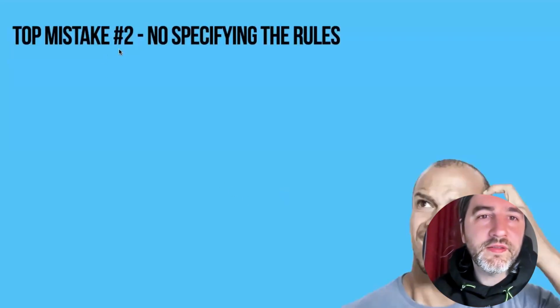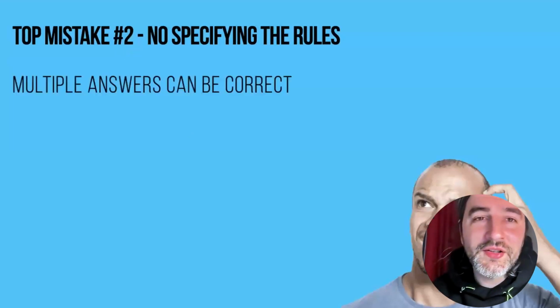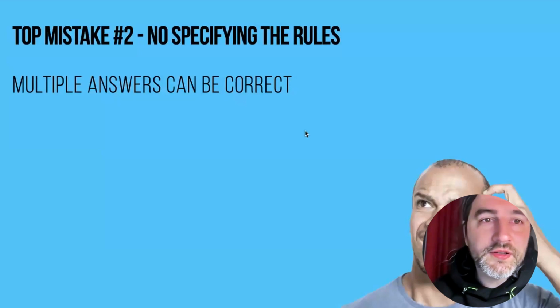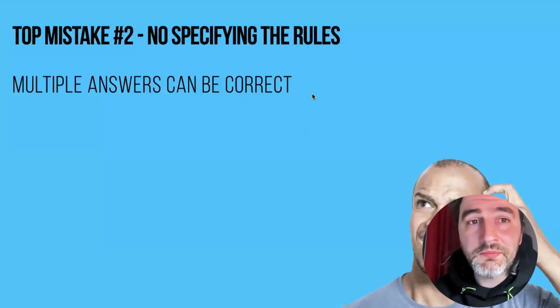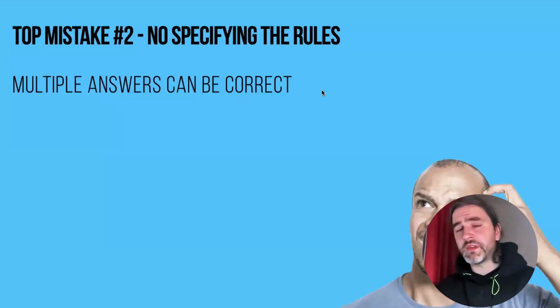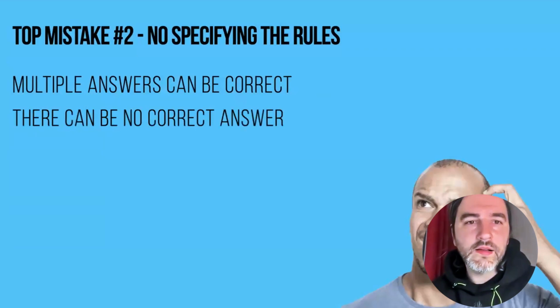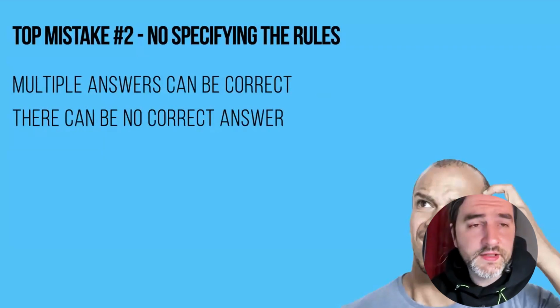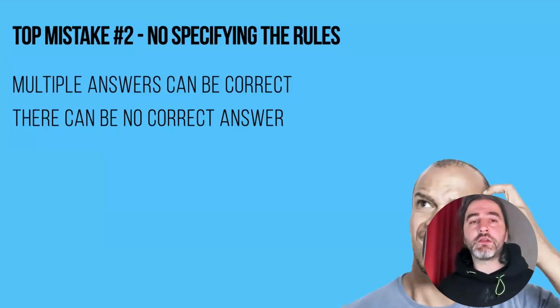Top mistake number 3 is not specifying the rules of what you actually want to hear. First of all, we've seen that multiple answers can be correct. If you don't tell people that multiple answers can be correct, they will be confused. What if there is no correct answer? Like Eddie Garcia told us, there is no correct answer.